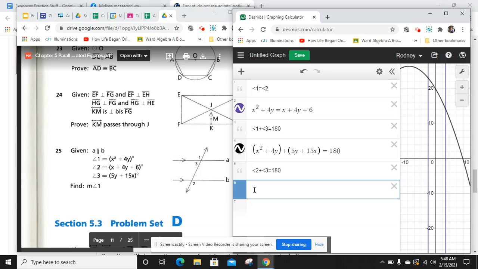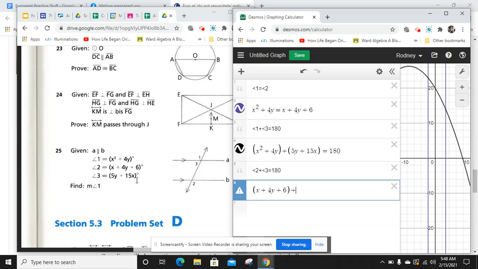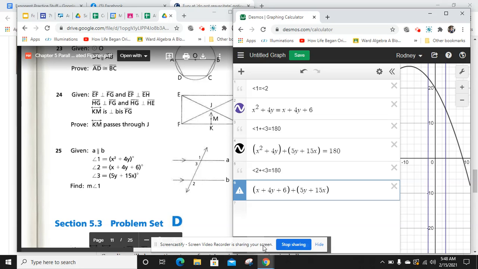So angle 2 is x plus 4y plus 6. Put that in parentheses, and I've got to add that to angle 3 to get 180 degrees, so plus 5y plus 15x. And that's going to all equal 180.